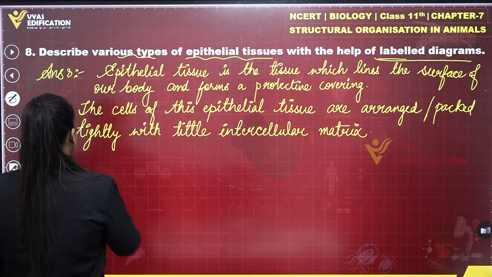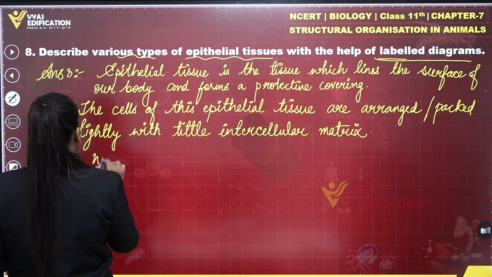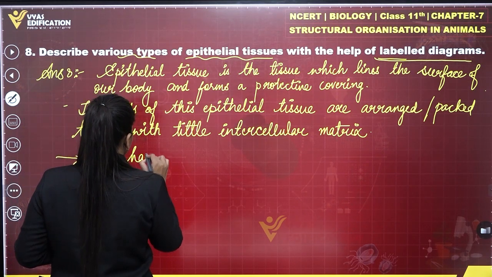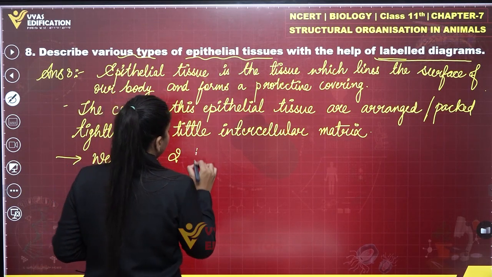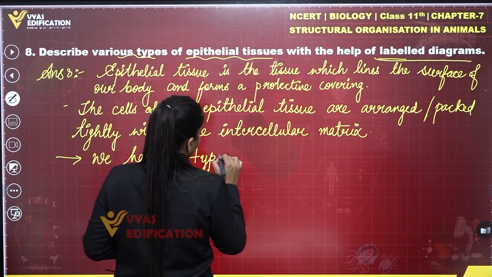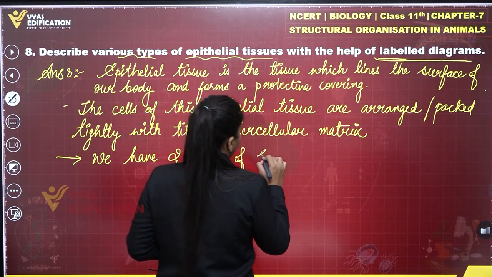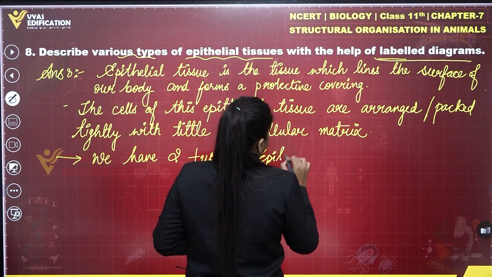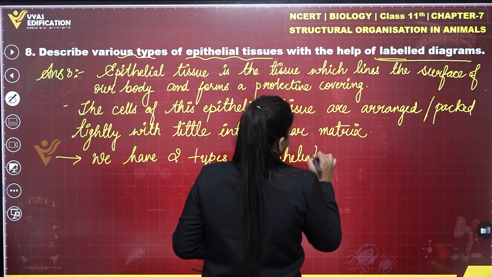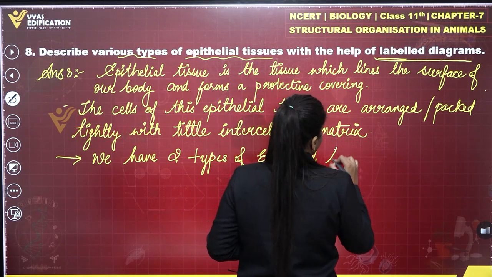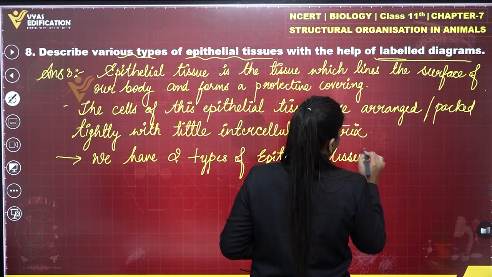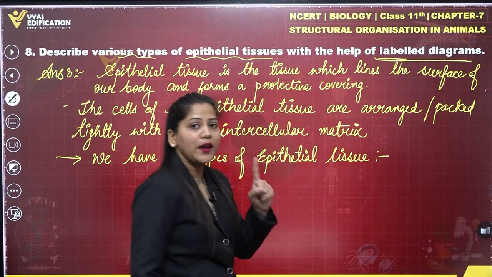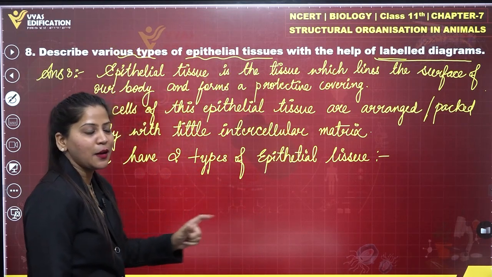Now we have two types of epithelial tissue. What are these two types? One is simple epithelium and the other is compound epithelium.